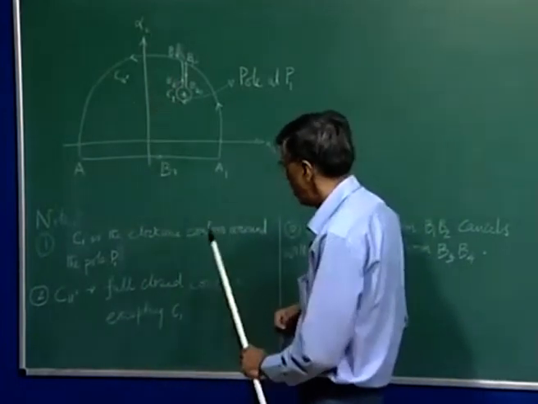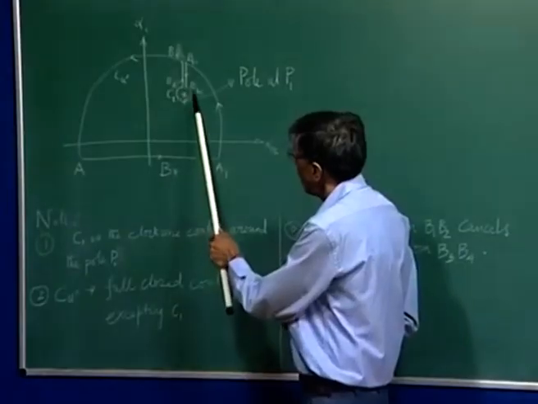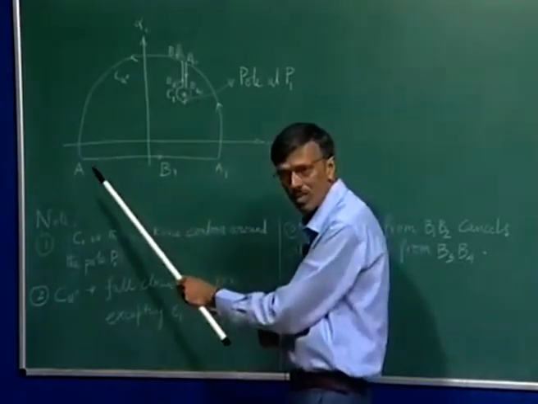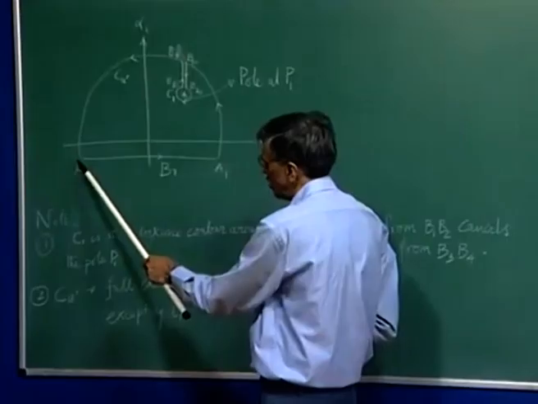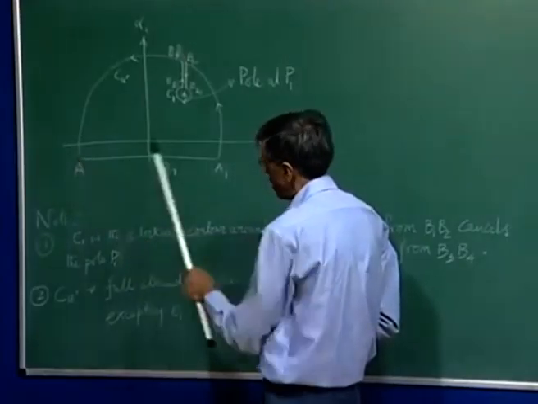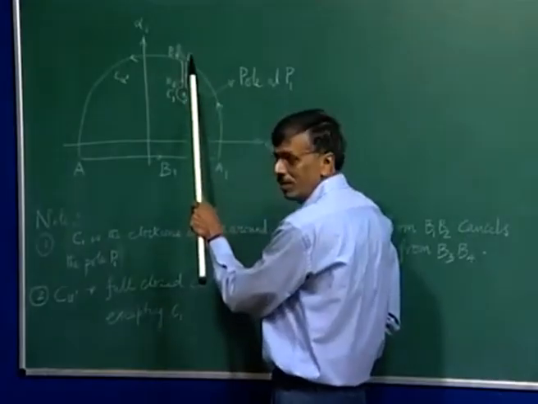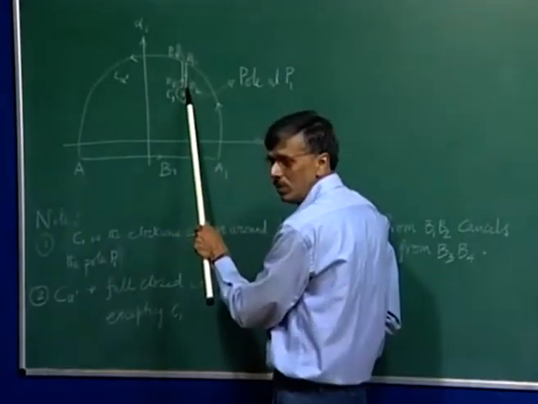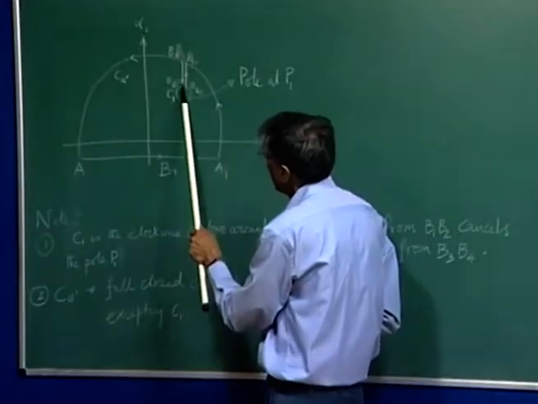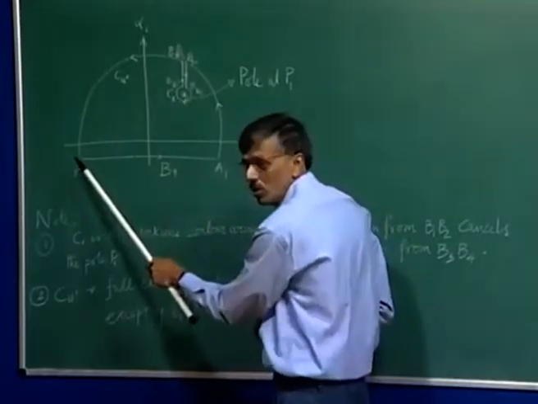Okay. What is this? C 1 is the contour, and you see how we have progressed in performing this contour integral. We have gone from minus infinity to plus infinity, then we followed along, then we came down, went around this way, and then went up and then closed the contour.